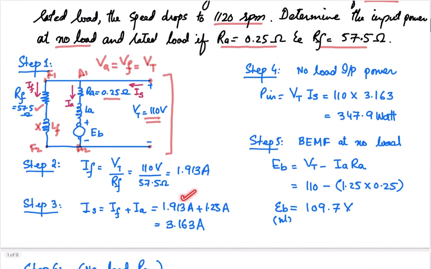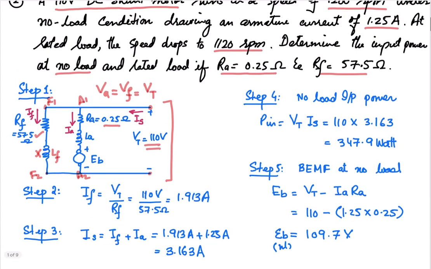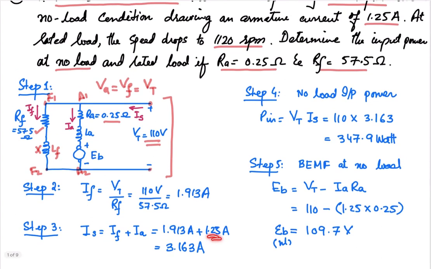So the total current drawn by your machine at the no load state is 3.163 ampere, drawn from the source, which is at 110 volt.